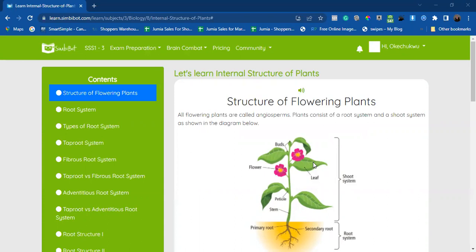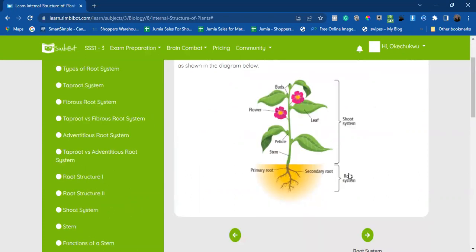Under the root, we have the primary root and secondary root. Then the shoot system consists of the branches, the stem, and the leaf. There's the shoot system, there's the root system. Those are the two parts of a flowering plant.